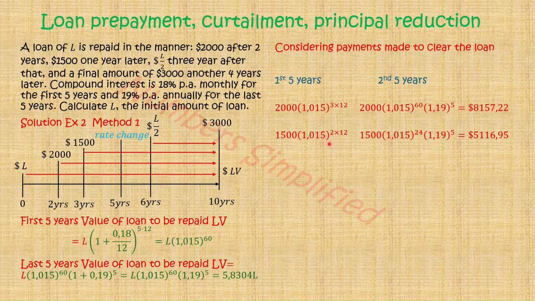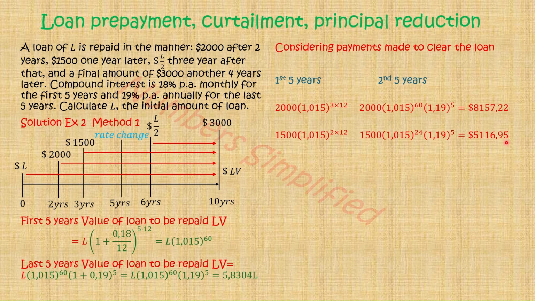Then in the last or second 5 years, when the rate changes, we take the value of that particular payment, we multiply it with 1.19 raised to the power 5, because that is the interest that it would accumulate in the last 5 years. So evaluating that one, we are going to get $5,116.95.